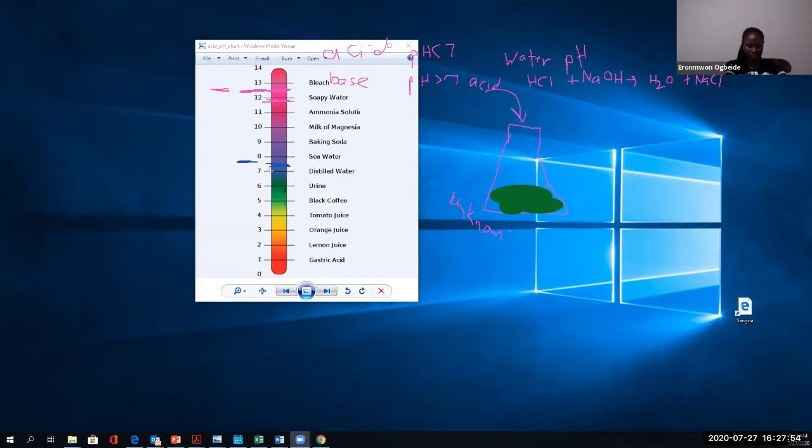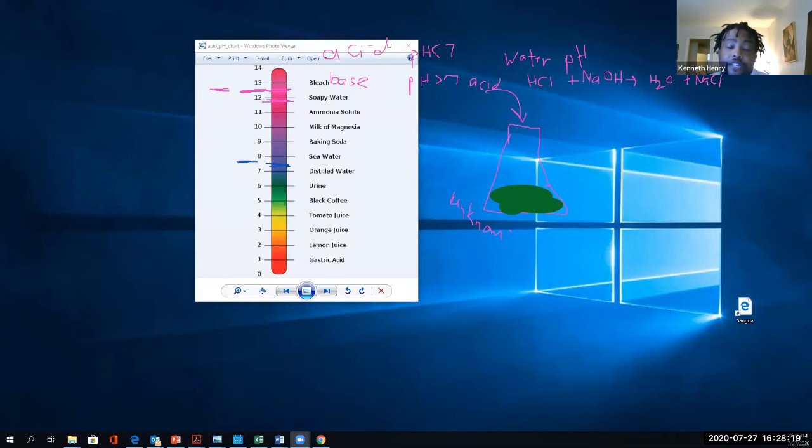Everyone else, do you guys understand? Yes. I have a question. In our kits, we got an IKI indicator. Is that similar or something different? Yeah, that is kind of similar. But the IKI indicator is used to indicate starch, to determine if starch is present or not.